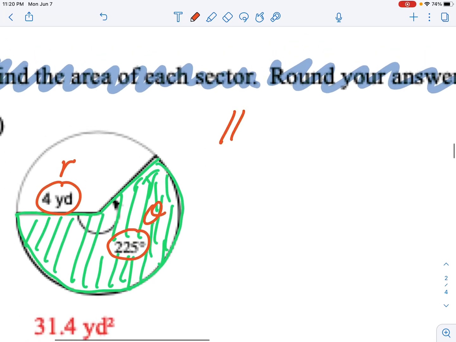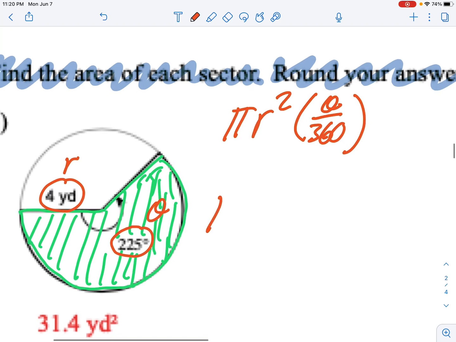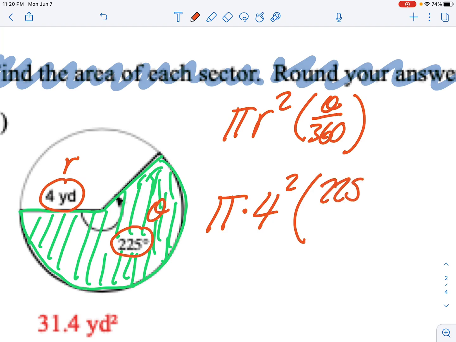So pi times r is 4 squared times theta, which is 225, over 360.